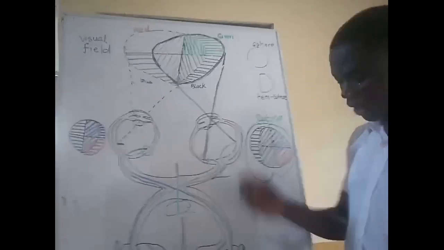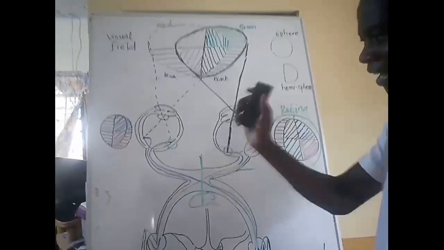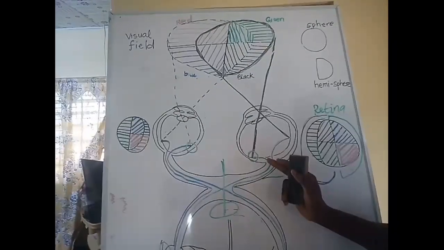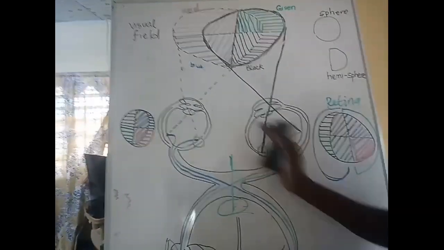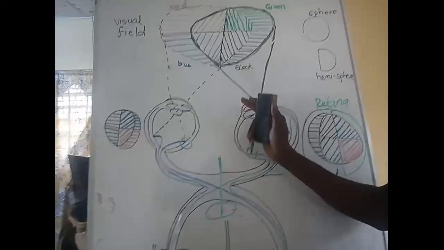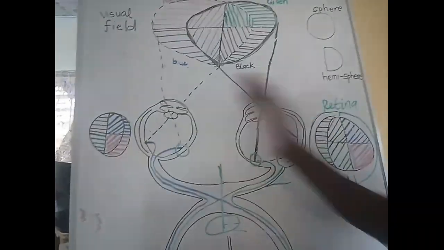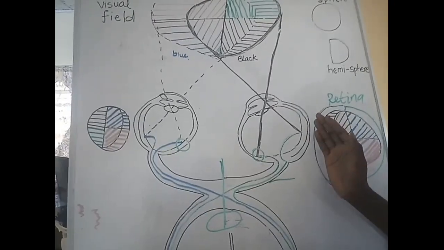So why then do we call it tunnel vision? Now let's see something interesting. If you are losing impulses that are coming from the medial side of both sides, that means that you can only perceive things that are catered for by the lateral or the temporal half.